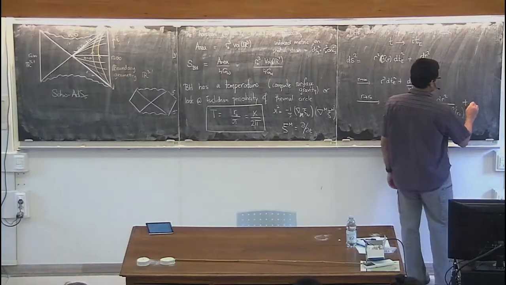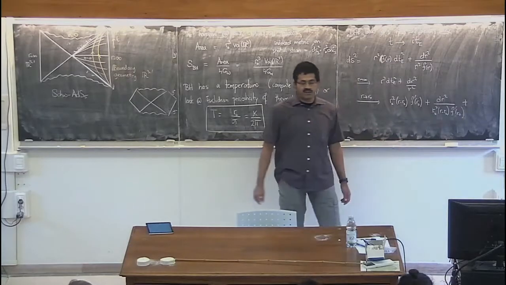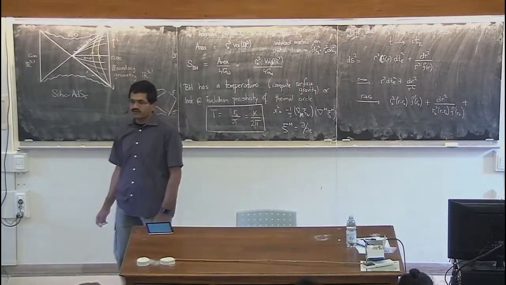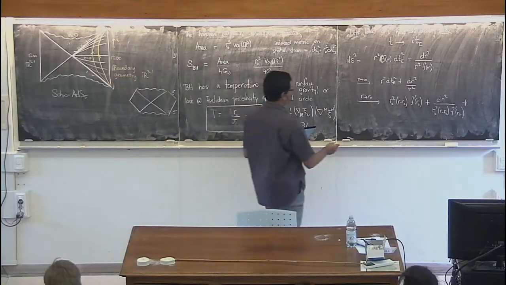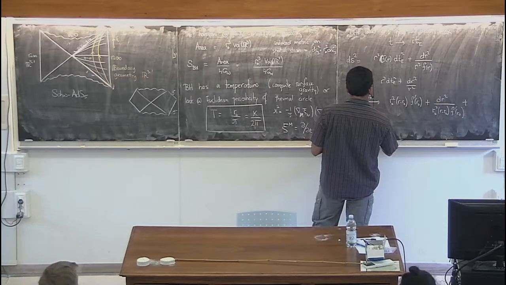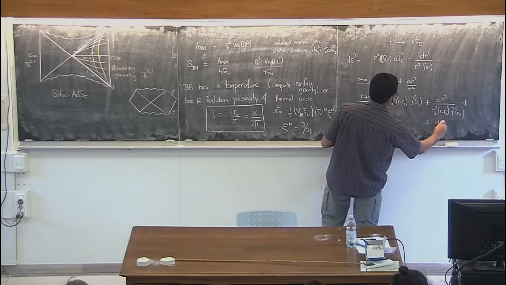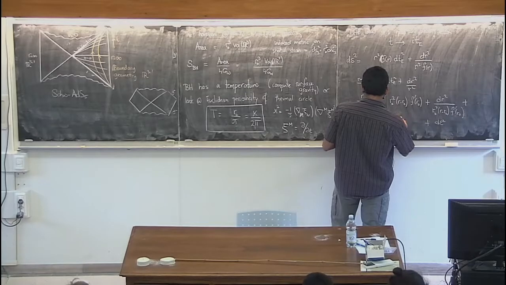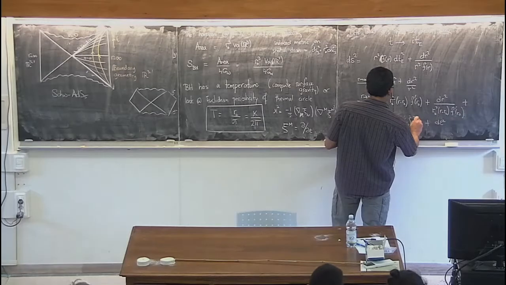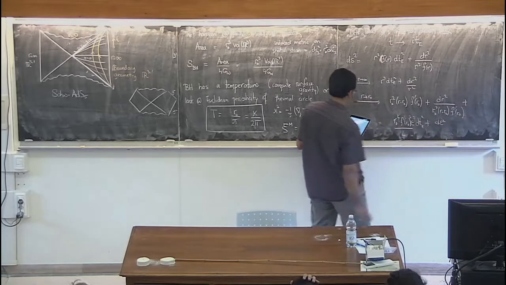I'm dropping every term which is higher order. I'm just keeping the leading Taylor expansion metric coefficients in the r minus r0 expansion. So change coordinates to call this epsilon squared, and you'll find that this becomes r0 to the 4 f prime(r0) squared epsilon squared dt_E squared over 4.